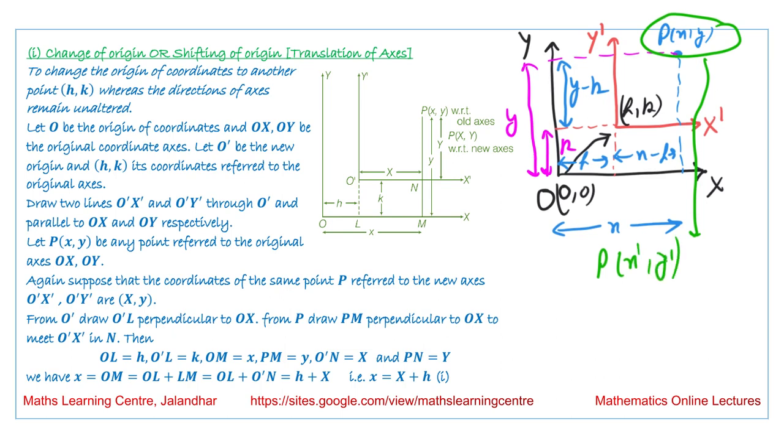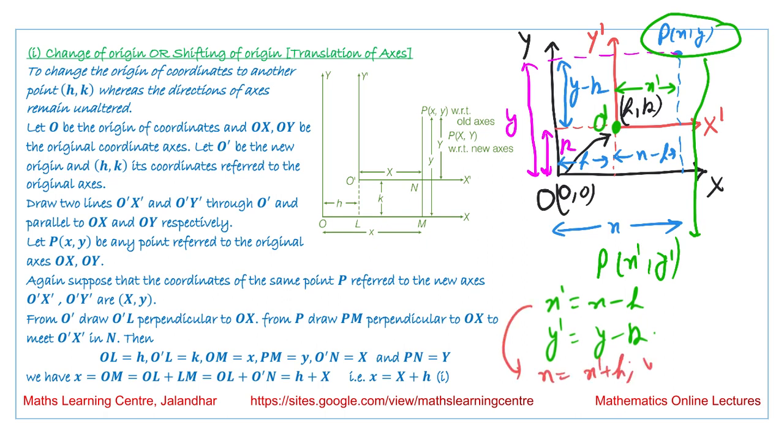Now corresponding to the new origin O dash, this length is x dash. So we obtain that x dash is equal to x minus h, and y dash is equal to y minus k. So the transformations are x equals x dash plus h and y equals y dash plus k.